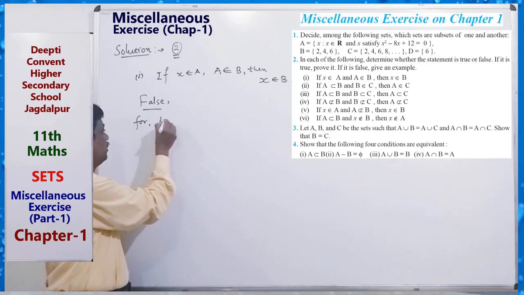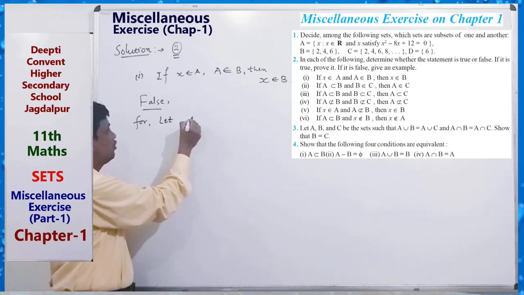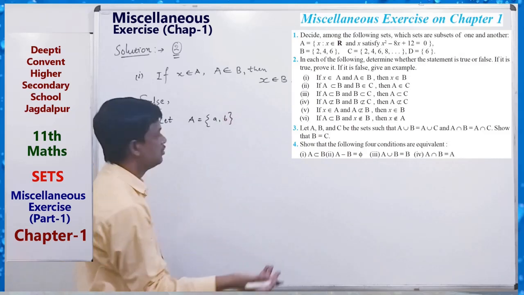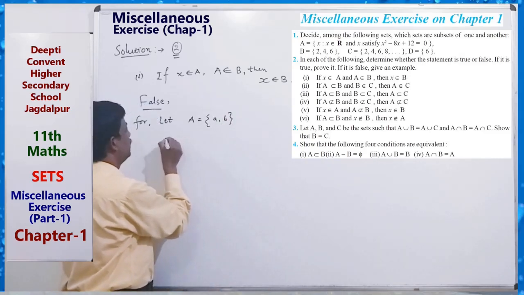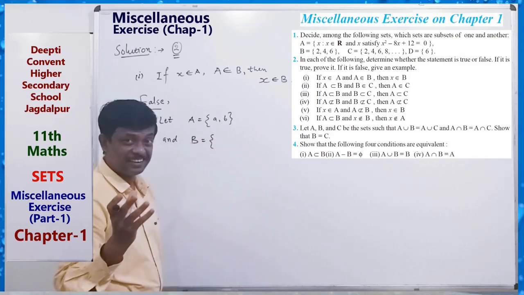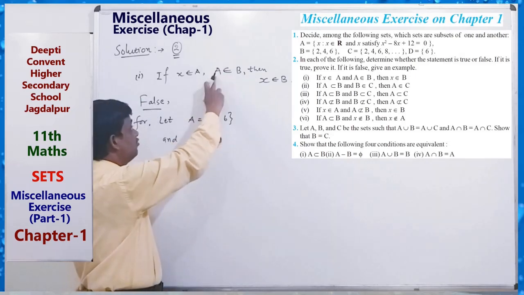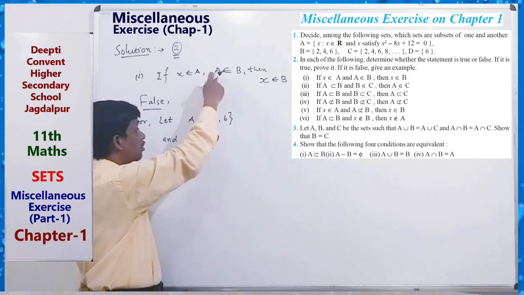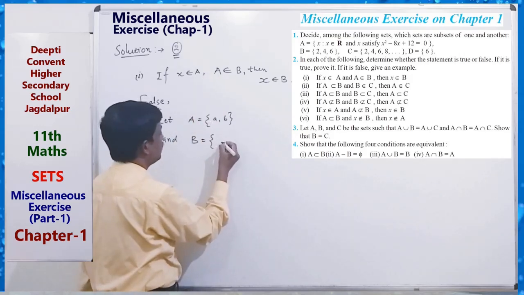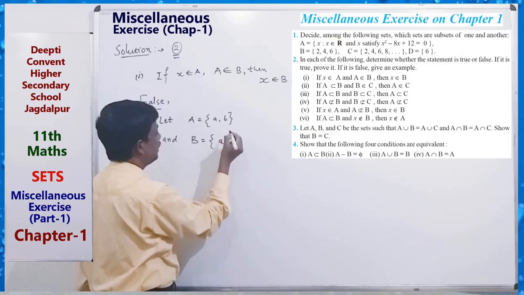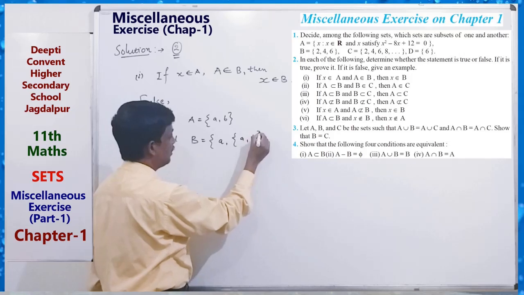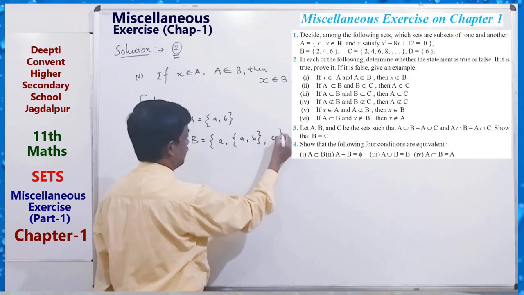For this, let A equal, suppose, a, b, and we are making a set which contains elements of A. So here we can write A, a, b, c.